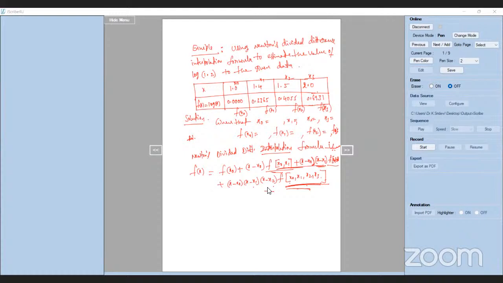I hope to complete 4 units. In the first unit, finite differences, page number 15.